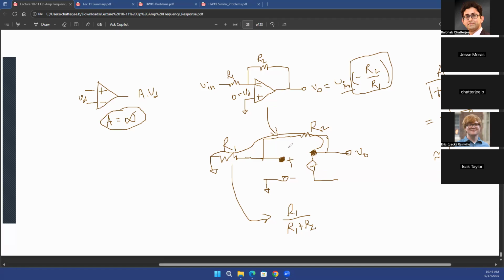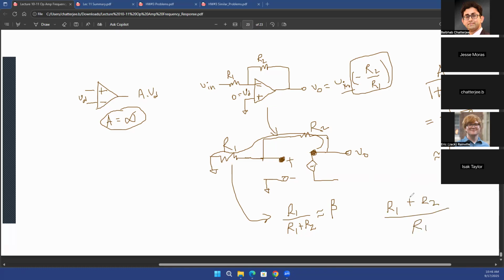Right? And that is basically your beta factor in this case. So your beta is this particular factor, which means that your 1 over beta is going to be R1 plus R2 divided by R1.